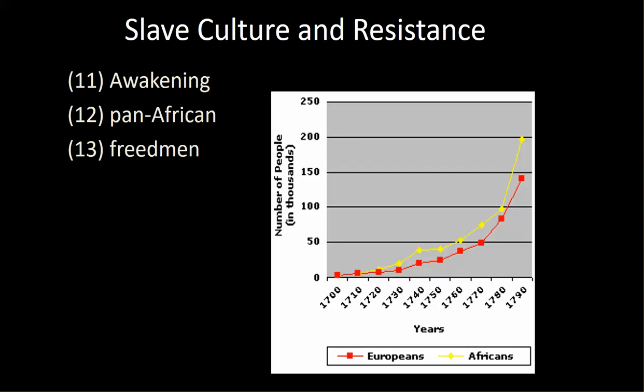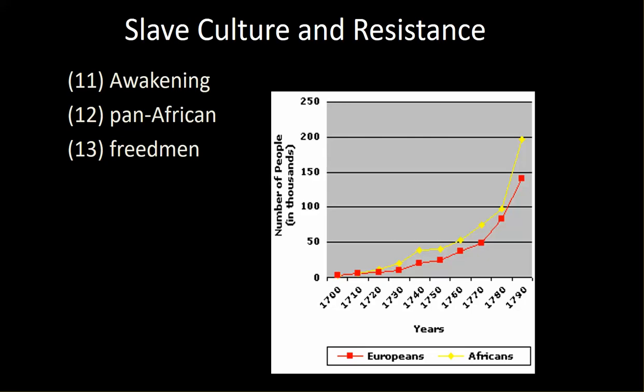In the Chesapeake, in the tobacco gang labor region, because it had an increasingly healthy climate, remember 1600s very bad, 1700s it's getting better. Because the climate is getting healthier, the slave population in the Chesapeake began to reproduce itself. People had children, and those children survived to adulthood.